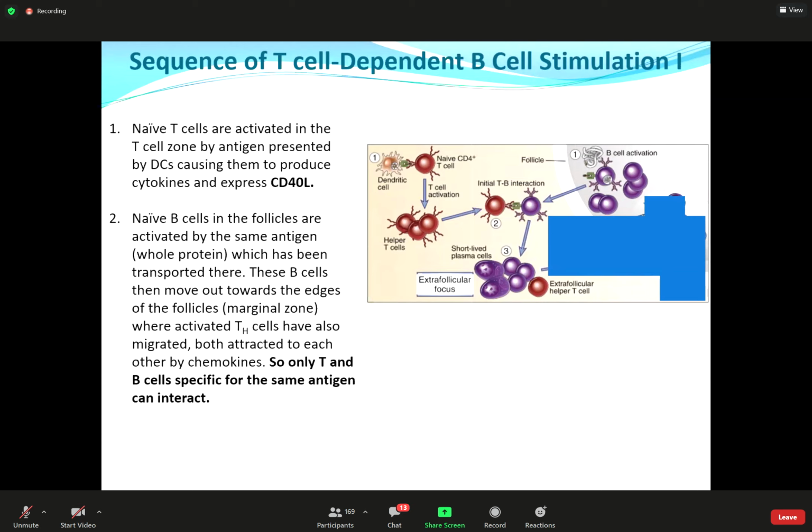So they increase in numbers and they actively produce antibody against that antigen. But again, this is more in a primary response because that antibody is predominantly IgM. This is why you always get IgM being produced in a primary response, the first antibody production.